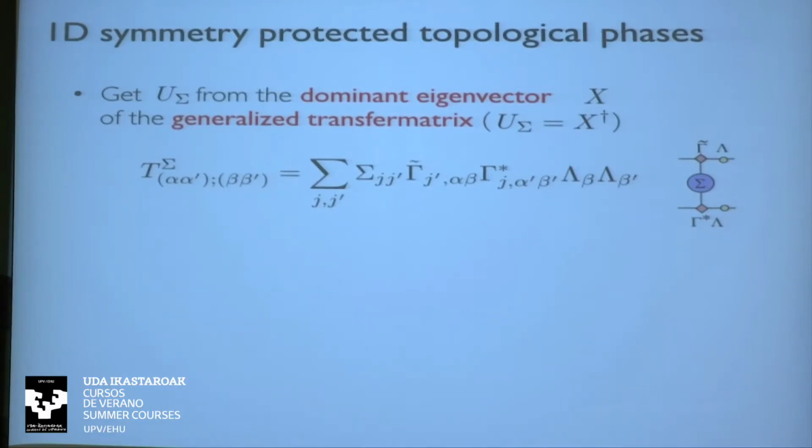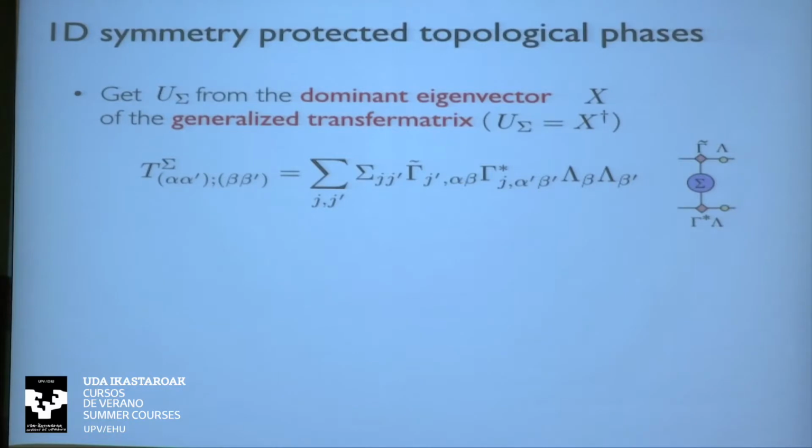So in particular, we just construct this object, which is the same as what we looked at before, namely this transfer matrix for which we found that the dominant eigenvector is just the identity. But now instead of just having a transfer matrix, we sandwich here the symmetry operation, sigma, and we look at the dominant eigenvector of this.